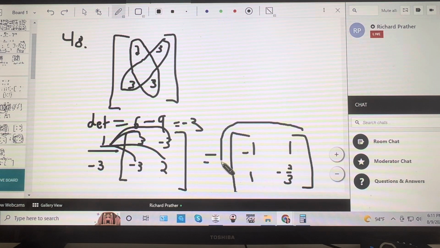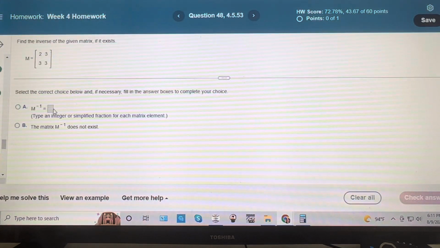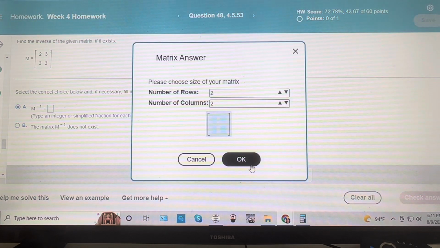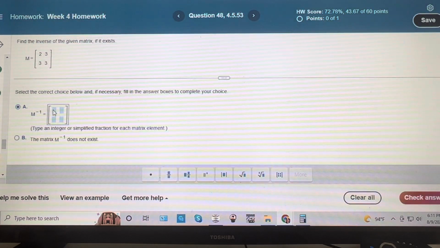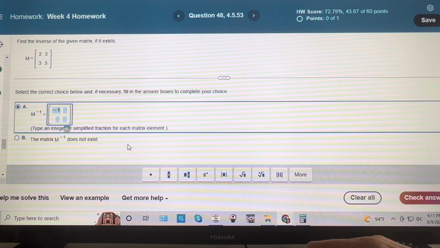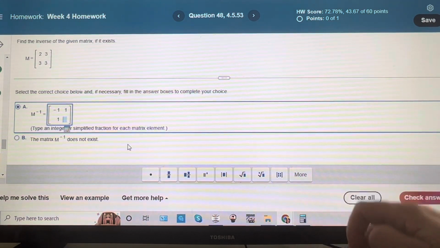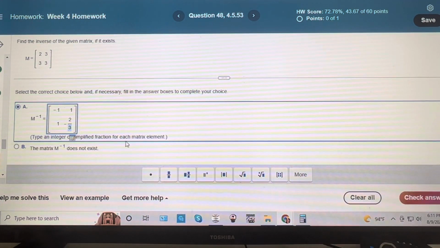So if I did the original matrix times this one, you would get 1, 0, 0, 1, and you would get the identity. So the inverse is -1, 1, 1, -2/3. 2 by 2. -1, 1, 1, -2/3.